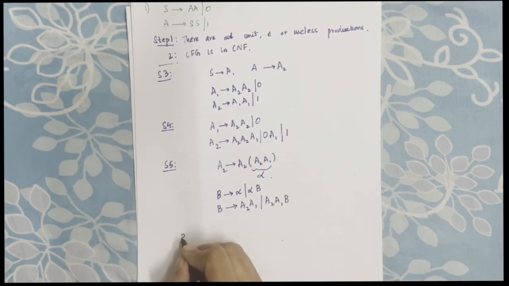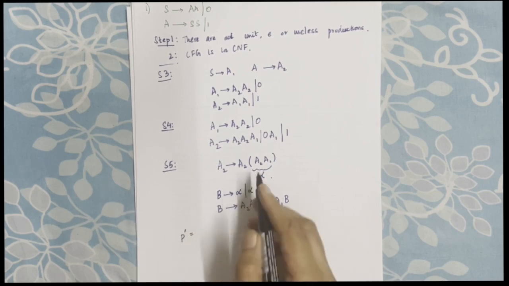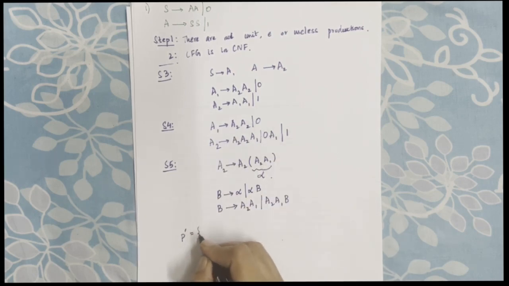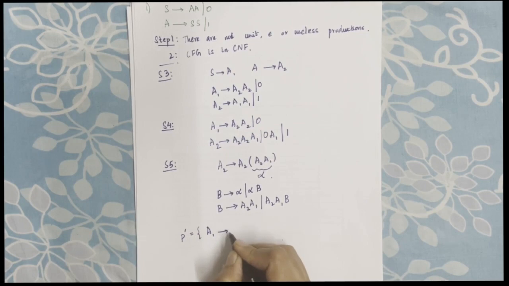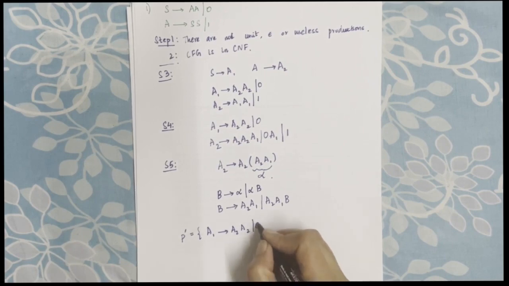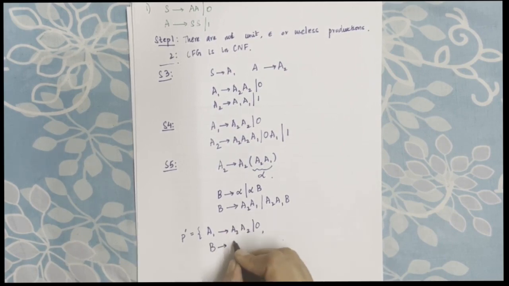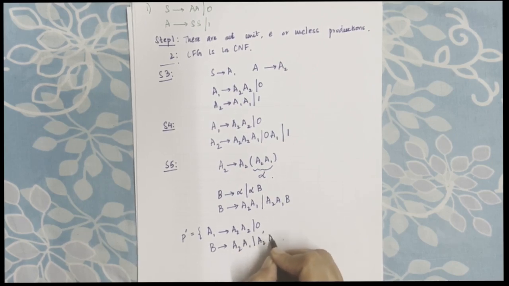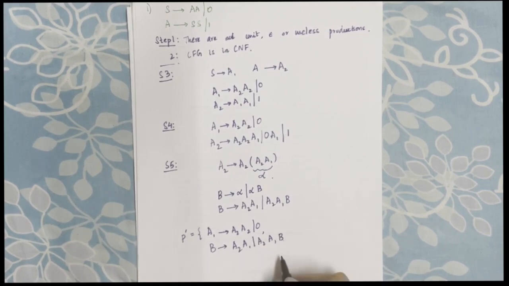So I will get P dash as this rule we already have: A1 gives A2 A2 or 0. This is already there. Then I got one new rule that is also there: A2 gives A2 A1, A2 A1 B. In addition to that, there is this 0 A1 also.